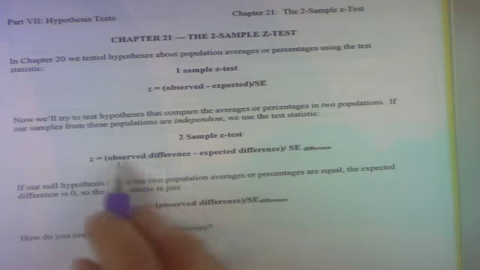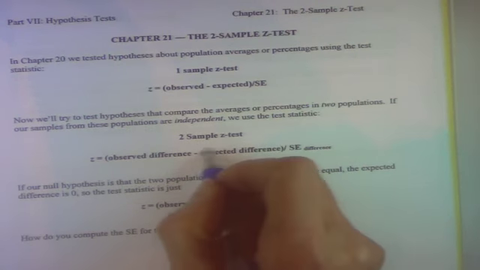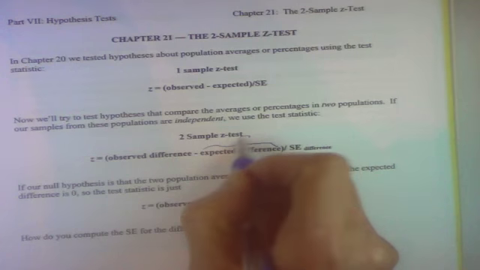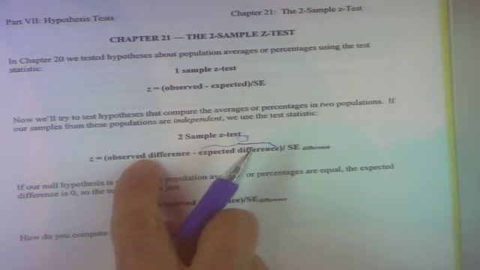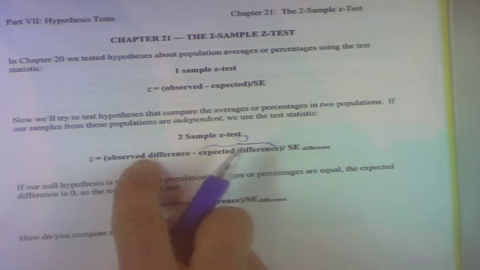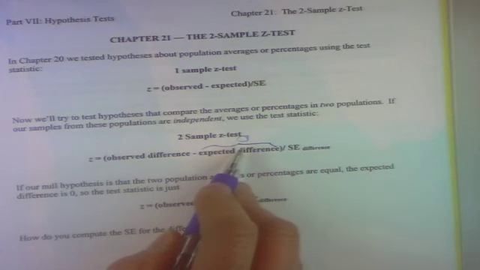The difference we observe in the two samples, minus what we'd expect under the null, which is always 0. The null is always that there's no difference between men and women, let's say in math skills. We'd expect no difference.